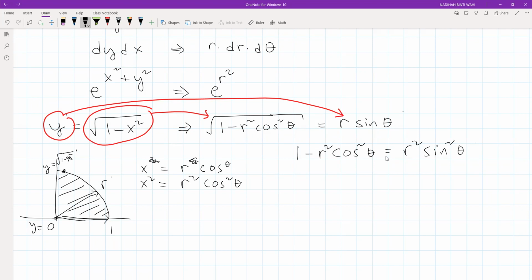Okay, so I bring it to the right hand side. So what is it? 1 equals r squared times cosine squared theta plus sine squared theta. So this is just r squared. So therefore r equals 1.